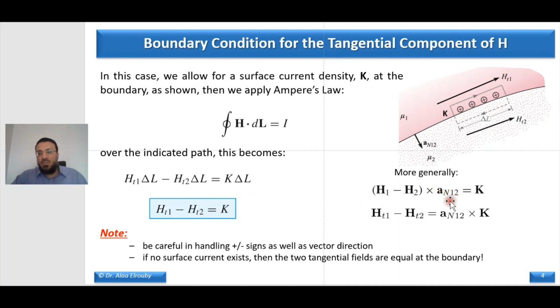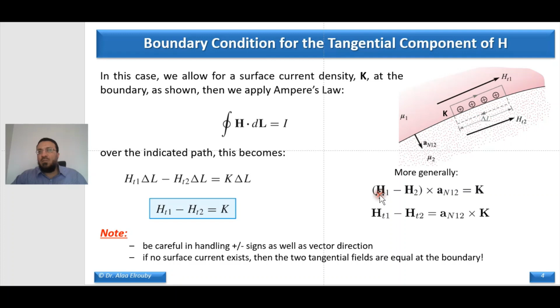We can write it this way: H1 minus H2 cross product AN12 equal K. And we need to pay attention to the direction. AN12 is the normal from medium 1 to medium 2, which is this direction.